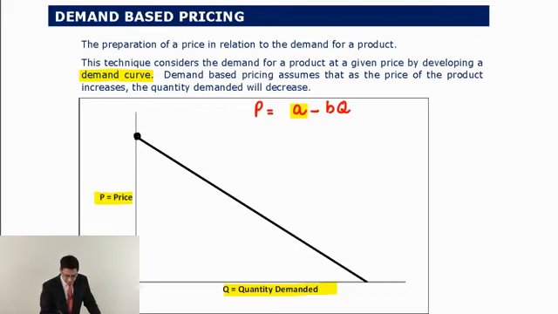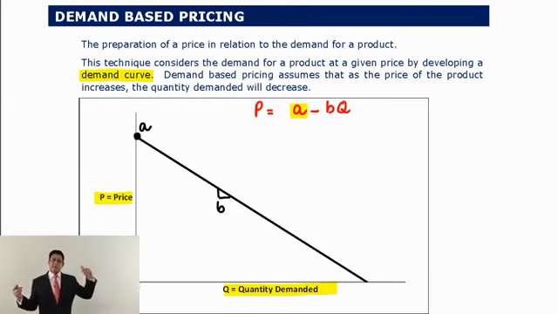So this is A. B is the slope or gradient of the demand curve, that is, what relationship exists between price and demand, meaning how much an increase in price will affect demand.